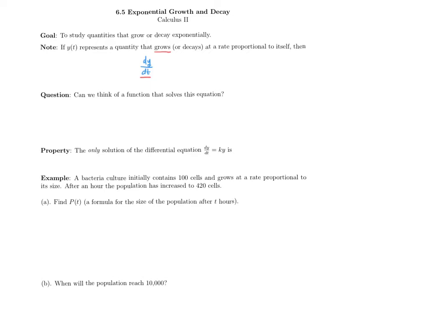Furthermore, what we are told is that it grows or decays at a rate proportional to itself. And I'd like you to pause the video for a moment and try to think back from previous courses or experiences that you've had. What does it mean for two quantities to be proportional to each other?